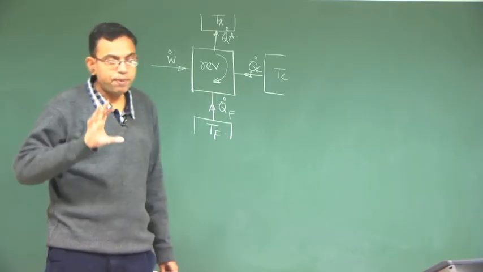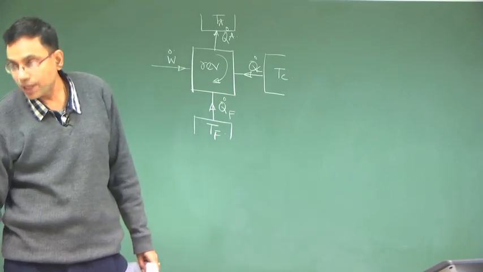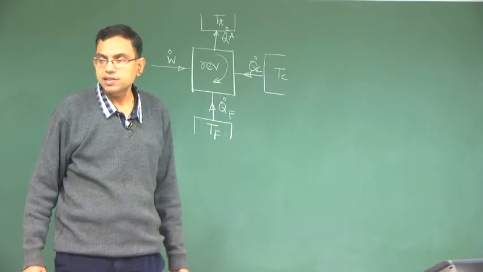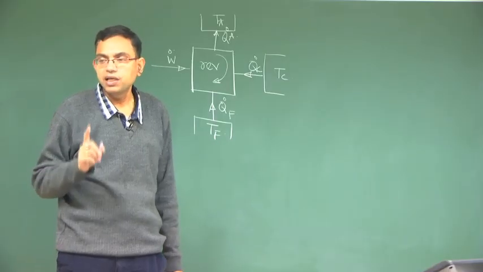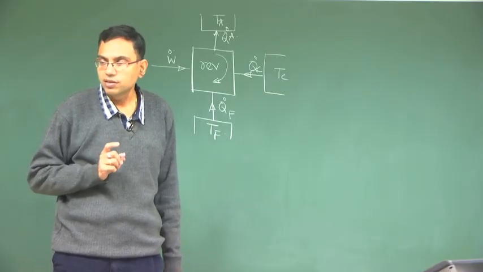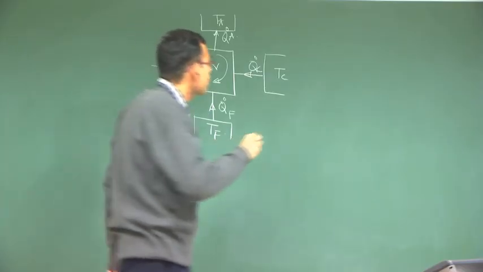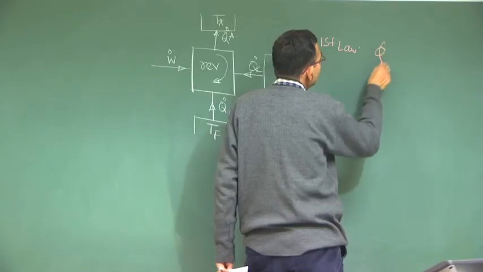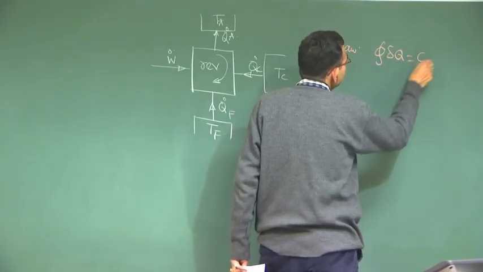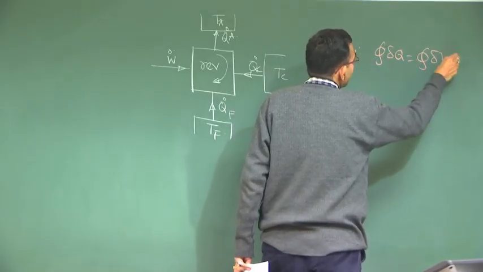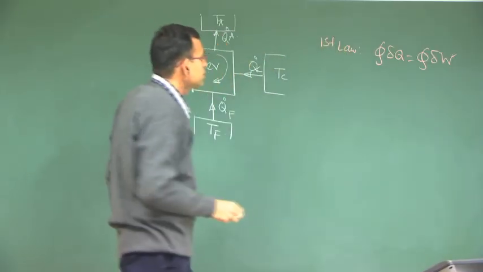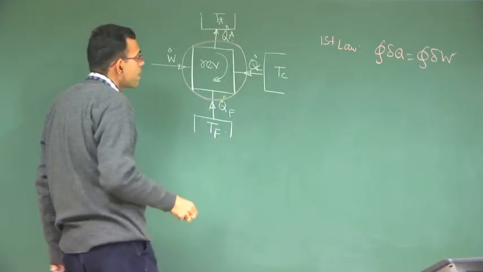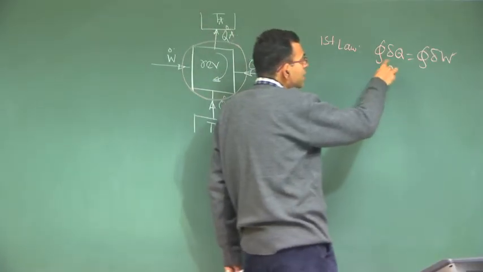So, what are the basic equations that you need to apply for a reversible refrigerator in this case? One is cyclic integral of heat equal to cyclic integral of work, which is the first law. So, let us apply the fundamental laws. We will just write in terms of the rate.